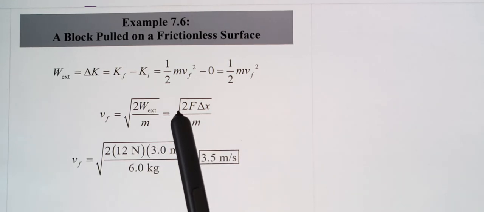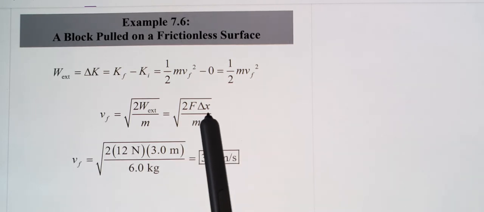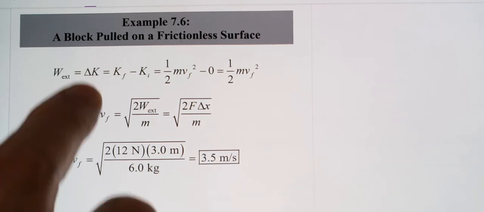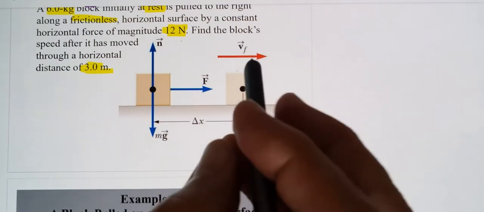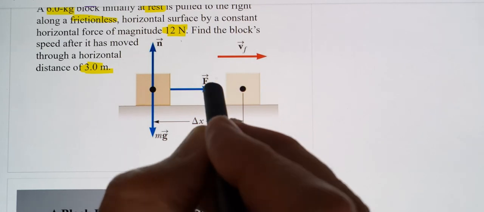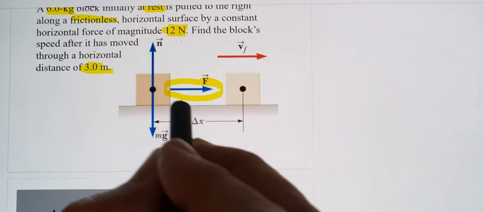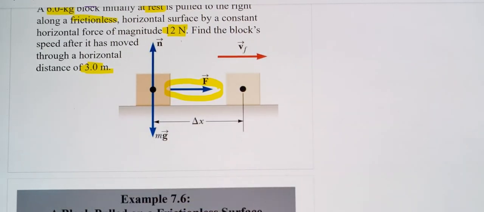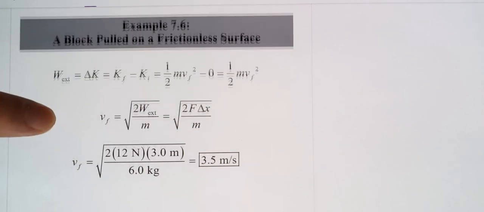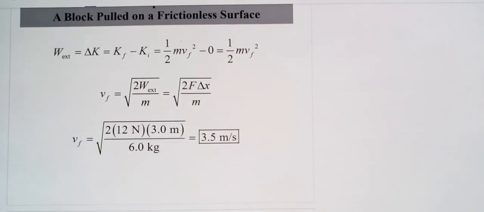It's the magnitude of F multiplied by the magnitude of X, the displacement. And why is that? Because he already told us that the direction of the force is in the same direction as X, so no need to do cosine. So 2 multiplied by 12 Newton multiplied by 3, divided by 6 kilogram, will give me the final speed.